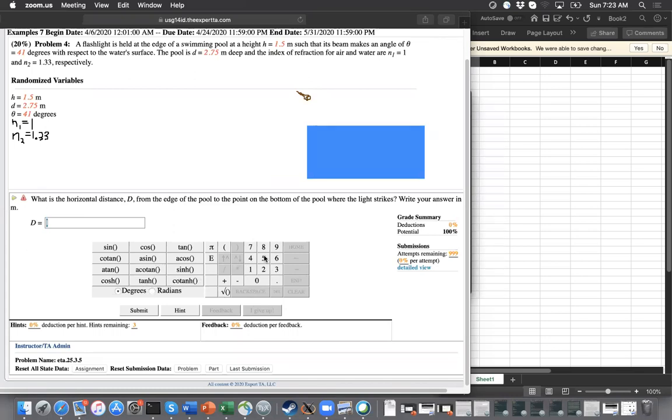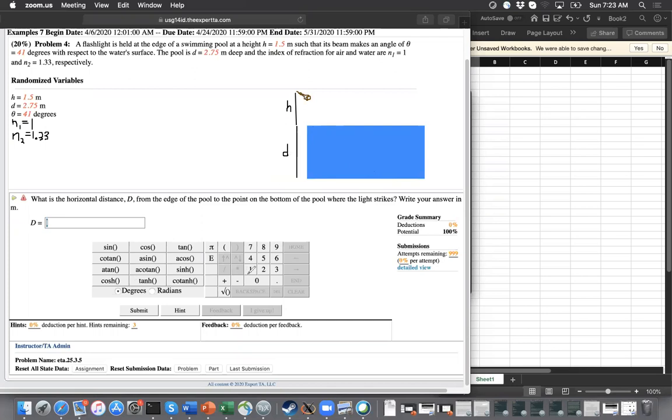So we also know that this distance is h. And we know this distance from the pool surface to the bottom is d. Great. And what we want to know is how far beneath the pool does the light strike it?